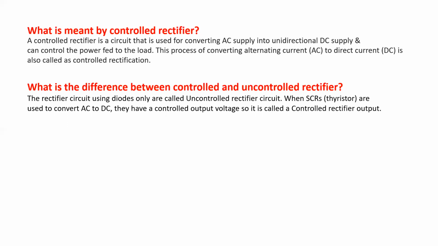Now, what is the difference between controlled and uncontrolled rectifiers? In a controlled rectifier, we can adjust the output voltage with the help of the firing angle, but in an uncontrolled rectifier, the output voltage of the circuit is fixed because diodes are used.